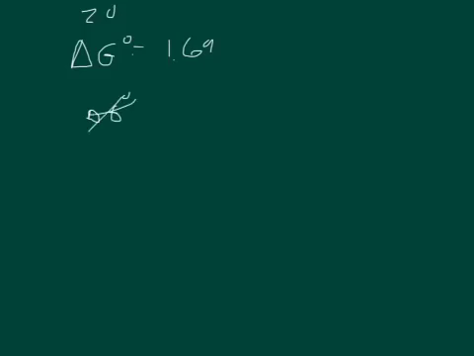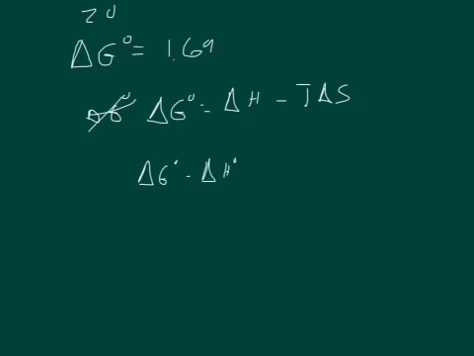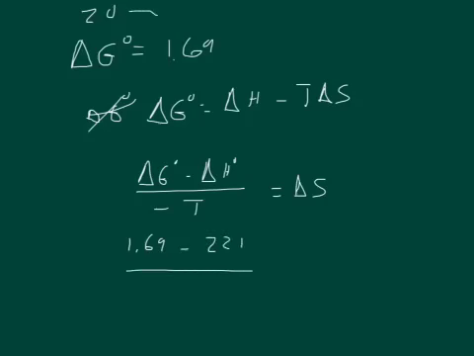Delta G standard state is equal to delta H minus T delta S. If we solve for delta S, we get delta G standard state minus delta H standard state, divided by negative T, is equal to delta S. So you just plug in your numbers: 1.69, subtracting off delta H, which we said was 221, and dividing by negative T, which at 20 degrees is negative 293 Kelvin.